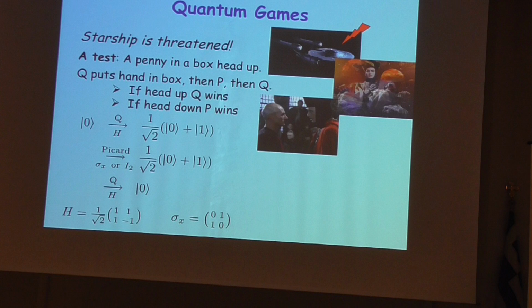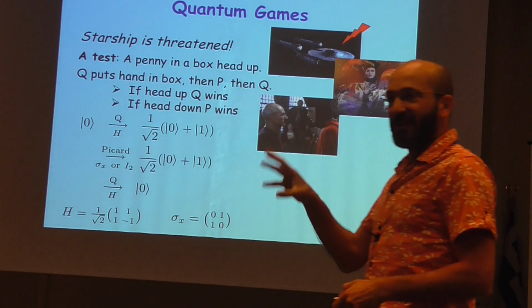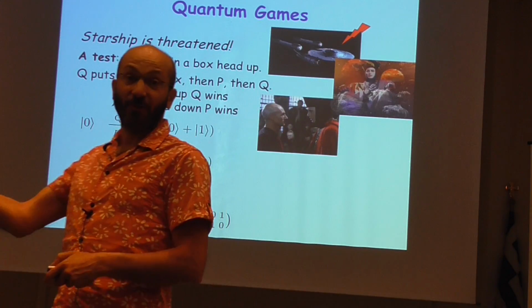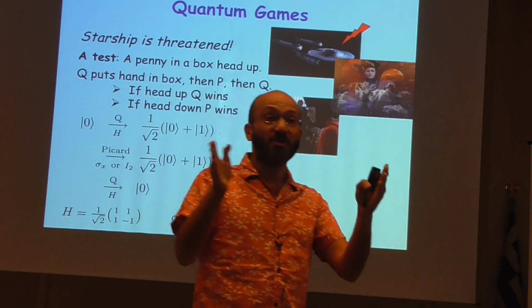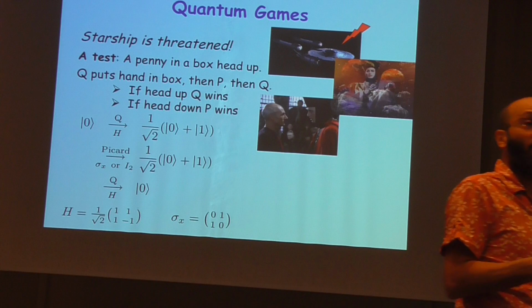The coin, heads or tails, you can encode in the quantum state. You have heads to be 0, it's initially encoded. Now Q goes in, and as he's quantum, he can make a Hadamard rotation on the coin and symmetrize it, make it 0 plus 1.